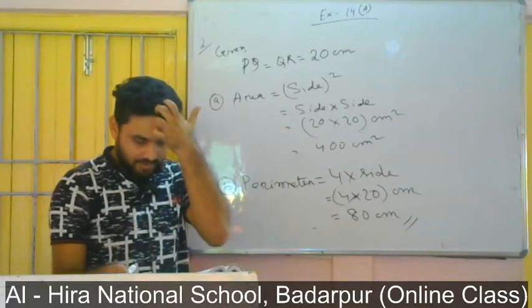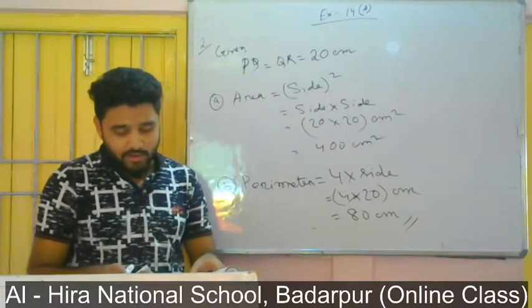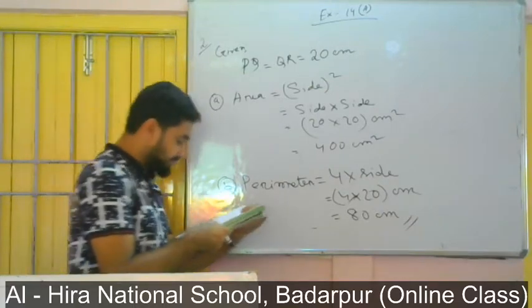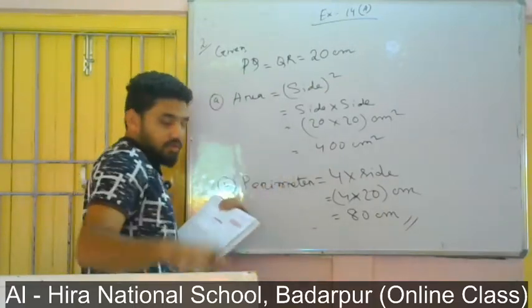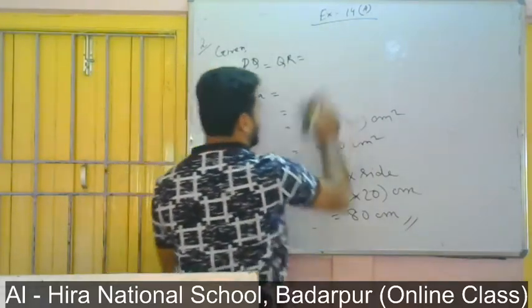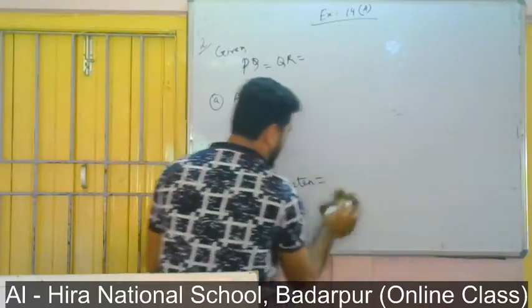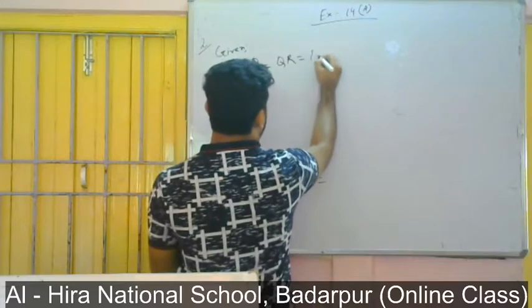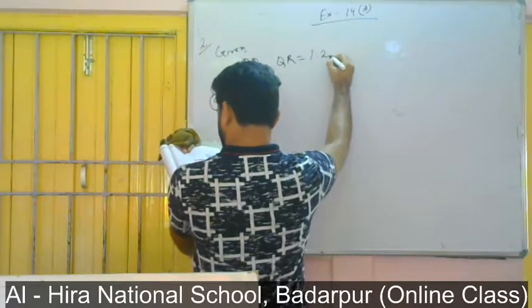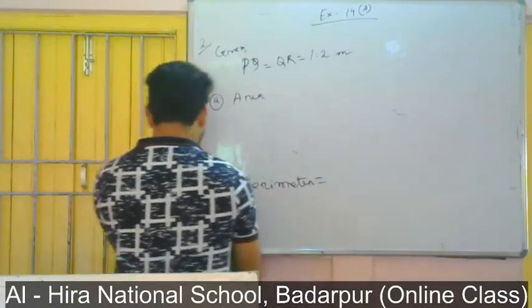Okay, now come to the next part. PQ equals QR equals 1.2 meter.